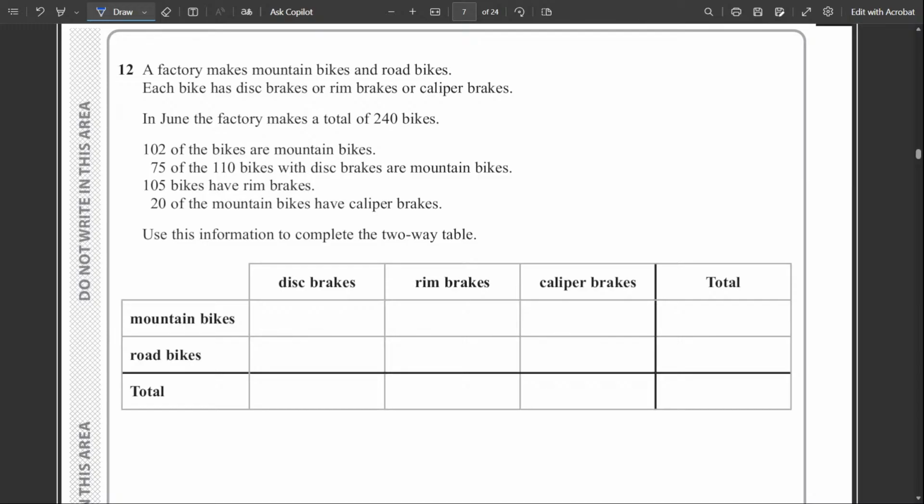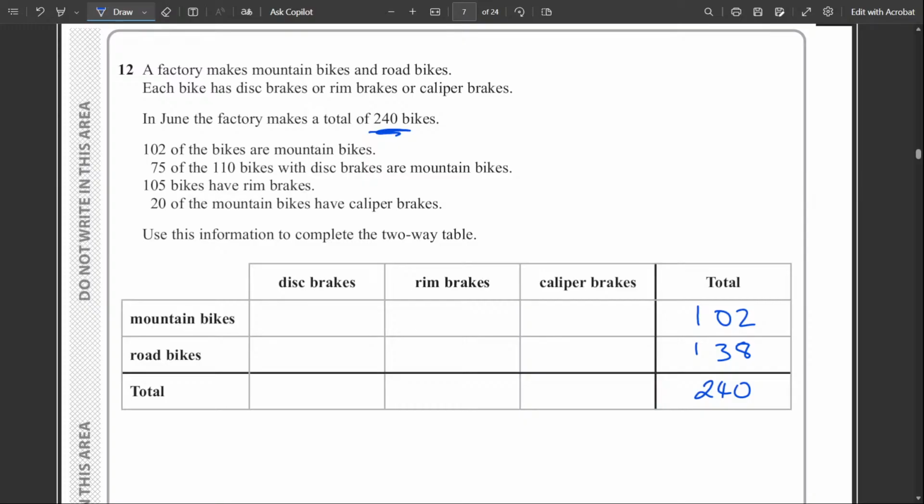The total is 240, so that's been used. Then 102 of those bikes are mountain bikes. That means this one is going to be 138, to add up to 240.